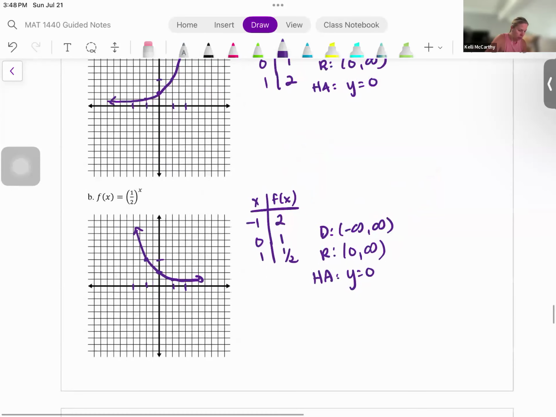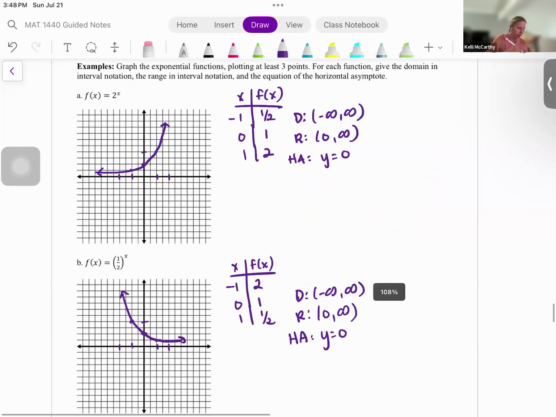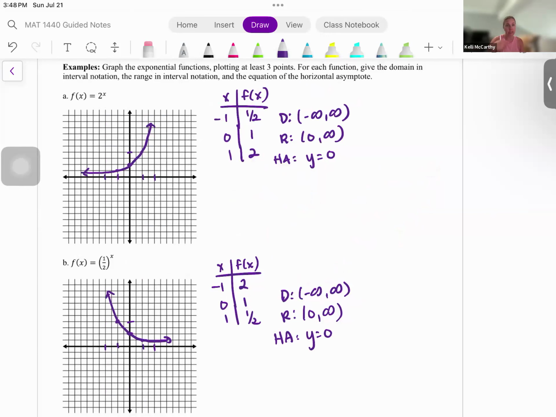Now, I do want to point out the relationship between these two functions, 2 to the x and 1/2 to the x. You'll notice that they had very similar ordered pairs, but the 2 and the 1/2, that reciprocal, is actually reflecting about the vertical axis, the y-axis.